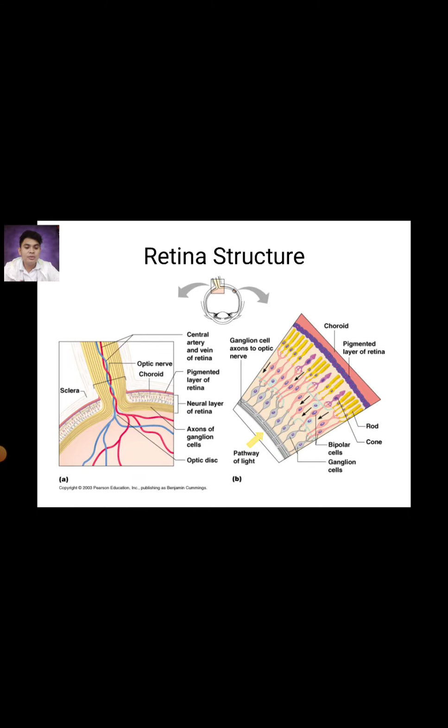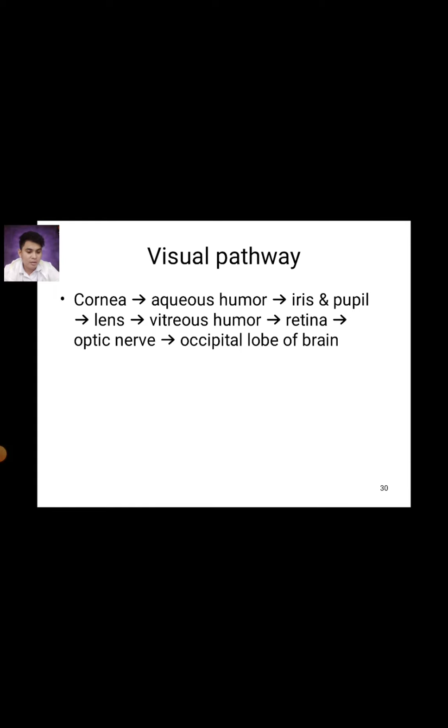And also our visual pathway. Number 1 is the cornea, aqueous humor, iris and pupil, lens, vitreous humor, retina, optic nerve, and the last part is the occipital lobe of the brain.